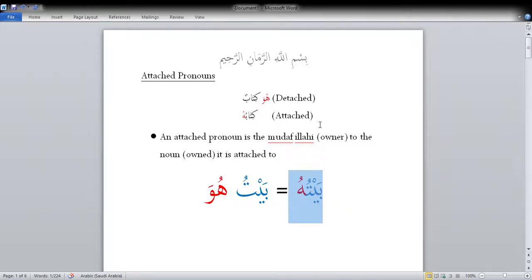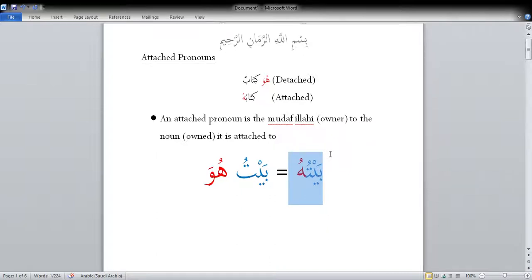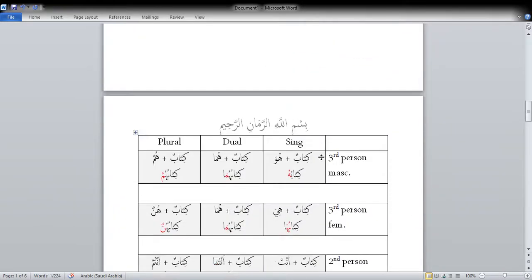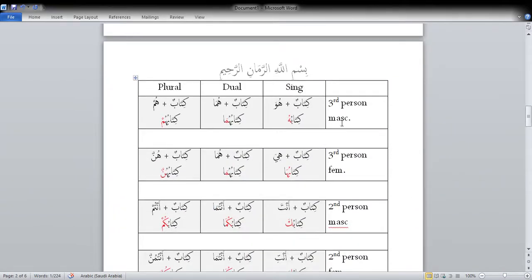Mm-hmm. All right, so now we got to go on to how do all the pronouns look when they're attached. So we put together this chart. We turned it into like a math equation. So we'll go through every single pronoun. So when you have kitabun and you attach a huwa to it, as we know, it becomes kitabuhu. For huma, it's kitabuhuma, right?